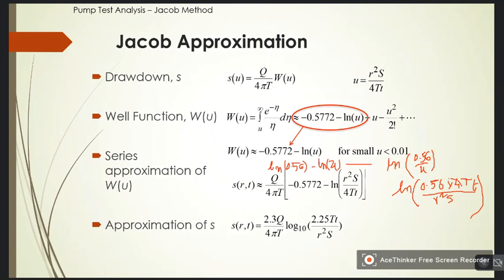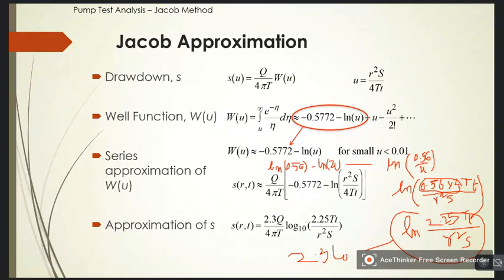So this is log 2.25 approximately, t divided by r squared S. So this can be written as 2.3 log to the base 10.